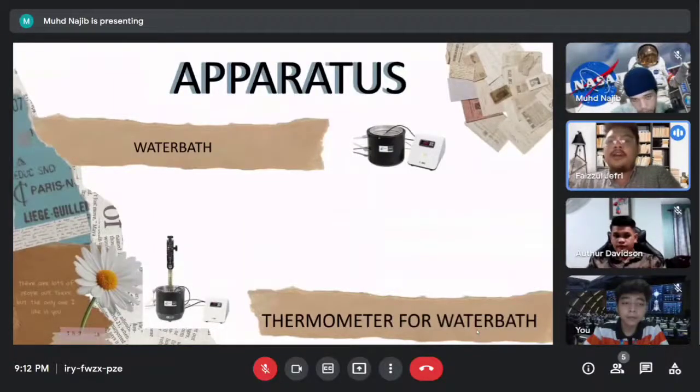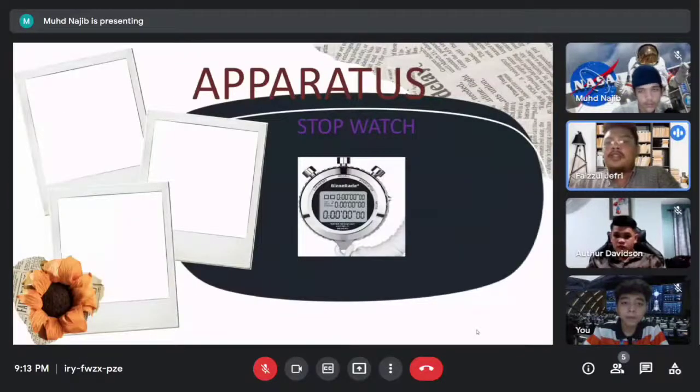Next is the water bath, to incubate the sample at a constant temperature over a long period of time. And then we have a thermometer for the water bath. The last one is the stopwatch. So that's all from me. Thank you. And I will pass the next slide to Muhammad Najib.